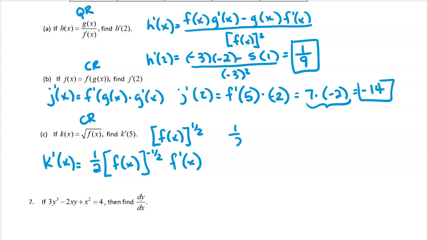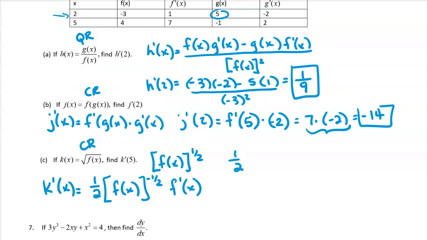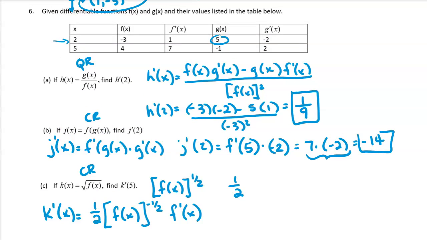So we have 1/2 f of 5, which is 4, to the negative 1/2, times f prime of 5, which is 7. And you have a 1/2 times a 1/2 times a 7, and the answer was 7/4.